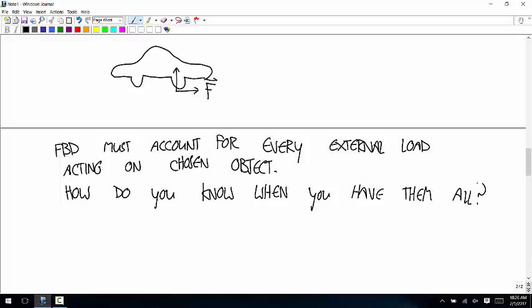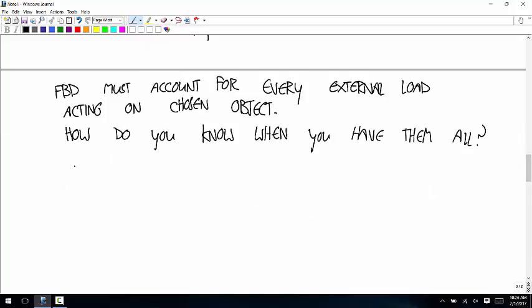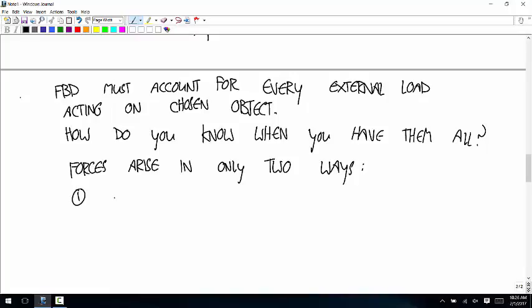I think the best way to think about it is there are only two types of forces. Or let's say forces arise in only two ways. The first one is body forces. And those are primarily the weight.